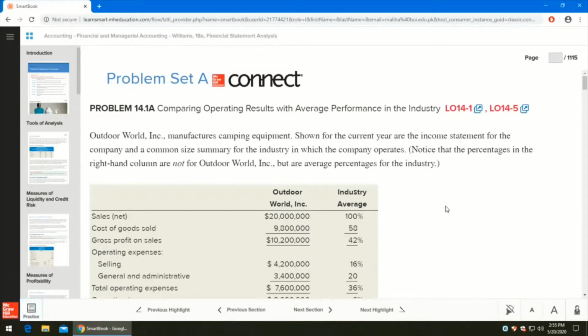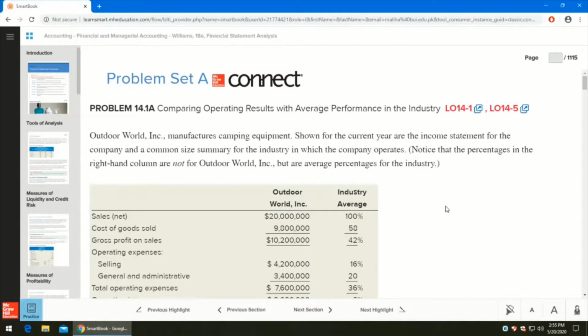And when we talk about industry, it means what other sellers selling the similar product or substitute, how they are performing and what they are making out of the selling of the inventory.